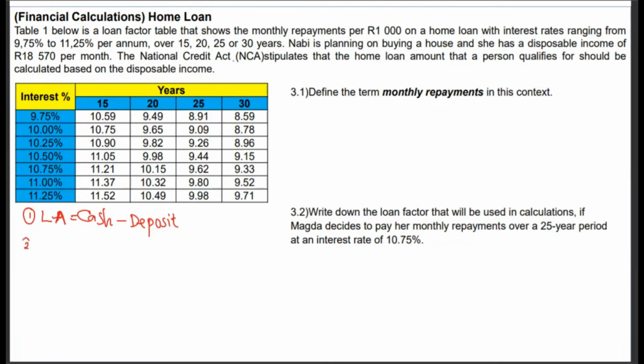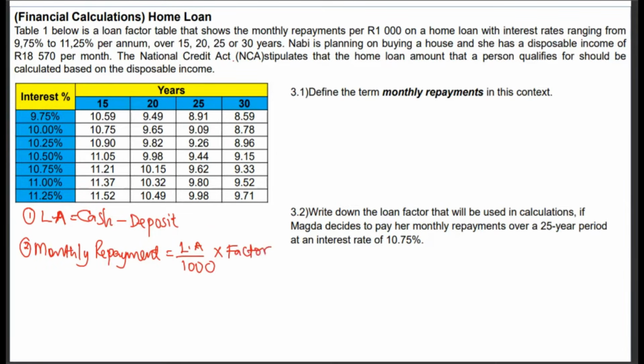Number two, we need to look for what we call the monthly repayment, which is got from the home loan divided by 1,000 times the factor that we shall get from the given table.